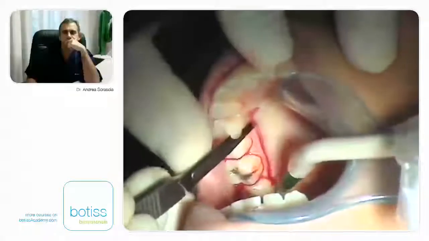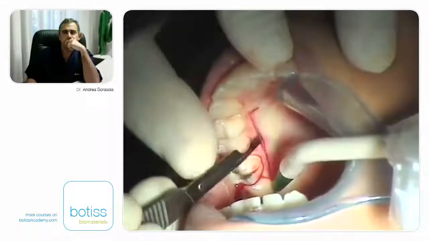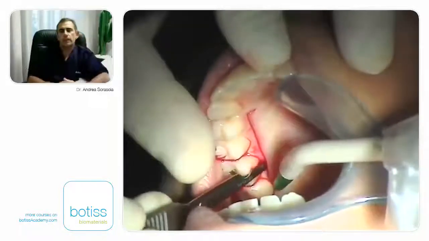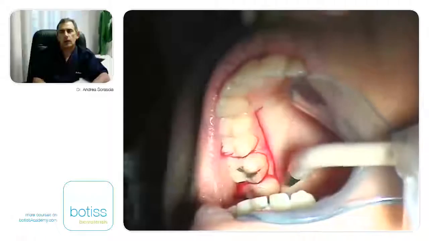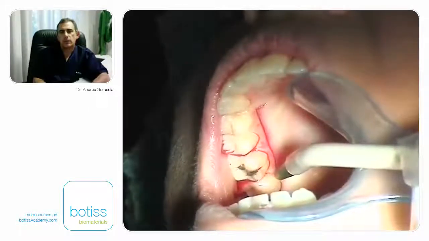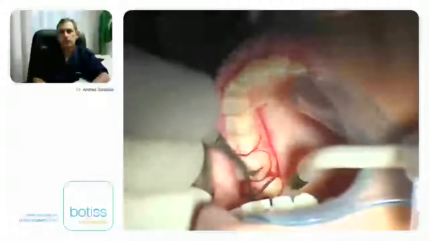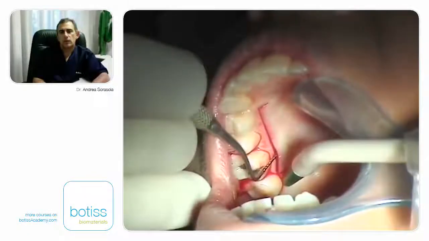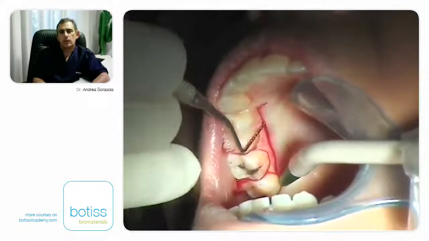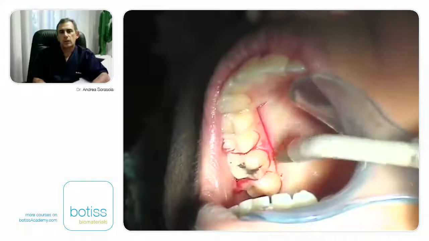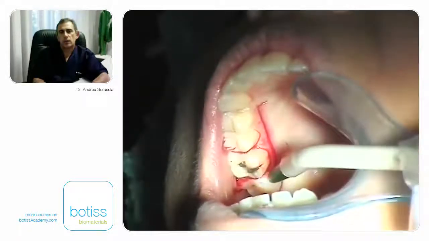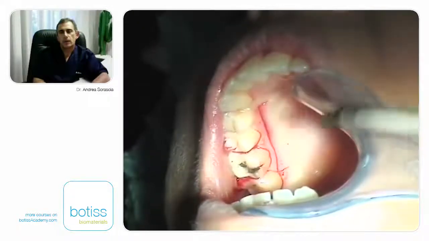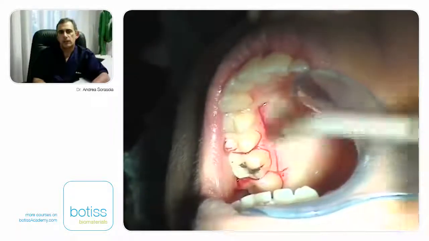And then finally, I execute. Okay, we have to be sure that the separation is absolutely done. And you can use the probe to observe that.